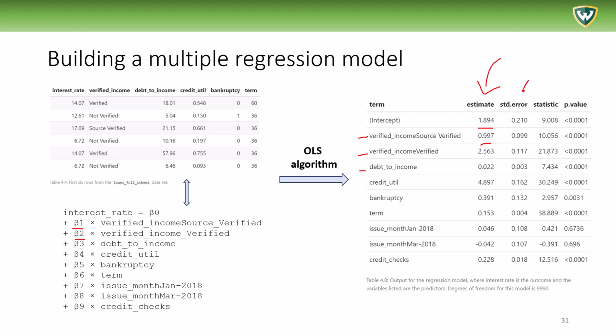And some of the other information here, so the standard error is the amount of variation we can expect in the estimate itself. So even though this says 0.997, we're probably 95% confident that it's between 0.997 plus 0.099 or 0.997 minus 0.099. So it's kind of the range of error that we can expect from the values here.